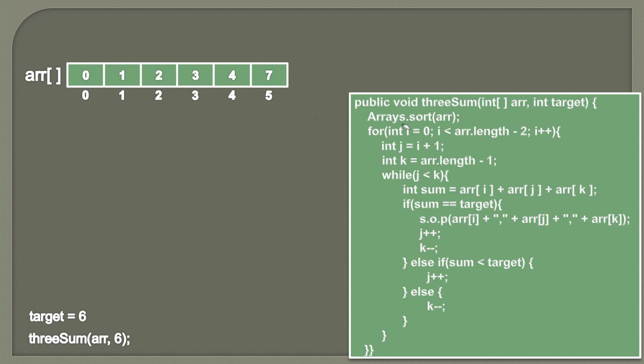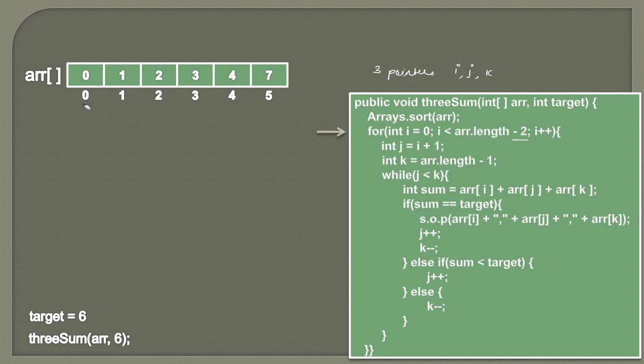Moving ahead. Now as we discussed, we will be using 3 pointers i, j and k. For i, it will start from 0 and it will go to array.length - 2. We will see why we are taking -2 later.